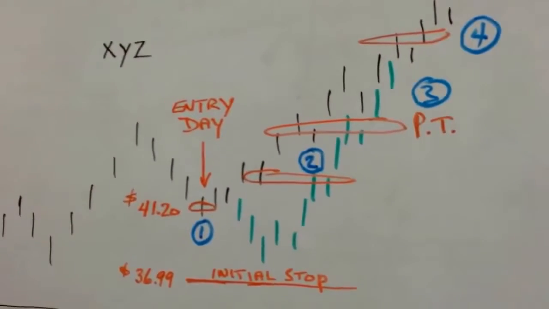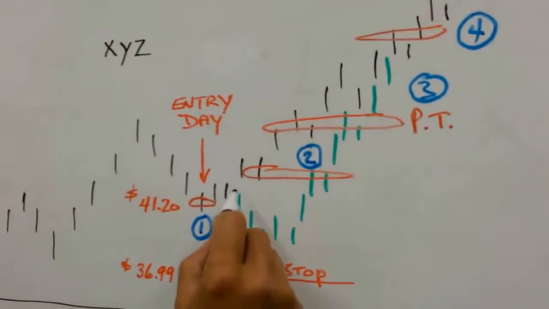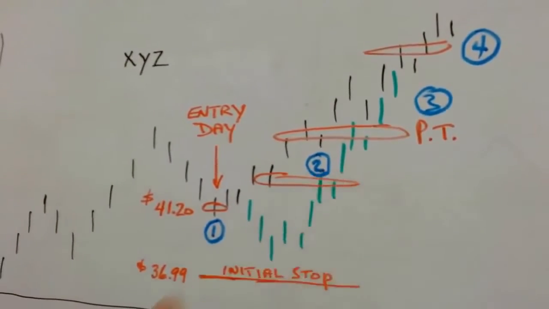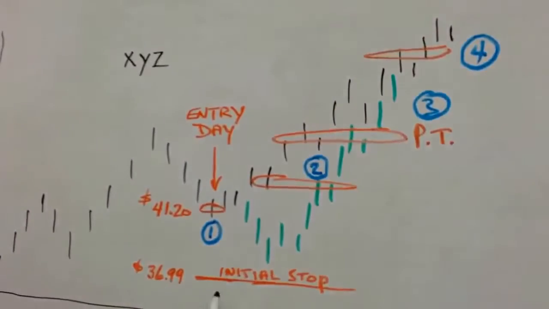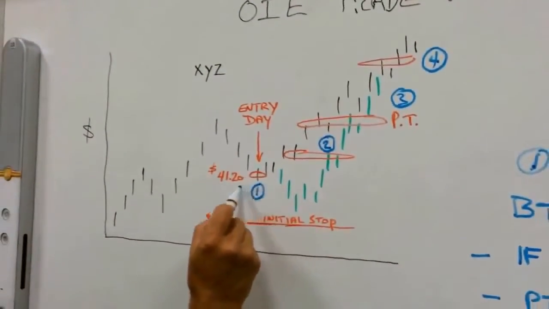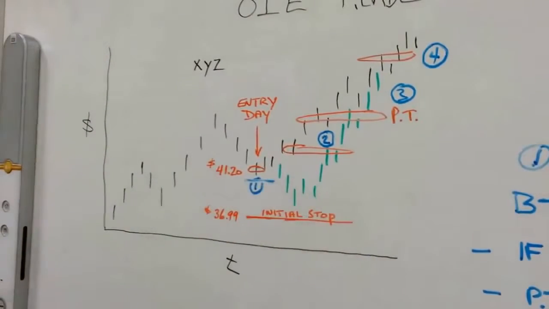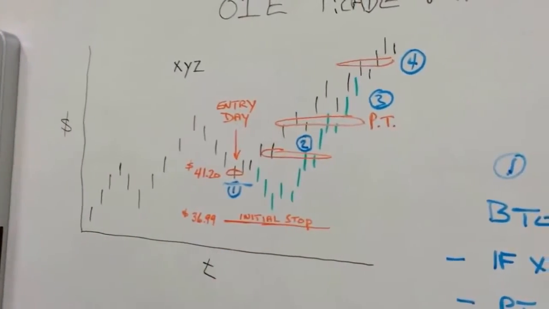But of course, the market doesn't always cooperate immediately, and sometimes it'll sell off first, like it did here with my green bars, and then go up. Now, if we place that initial stop too tightly, like a lot of traders will put that stop in right in here, they're going to get stopped out and have a losing trade.